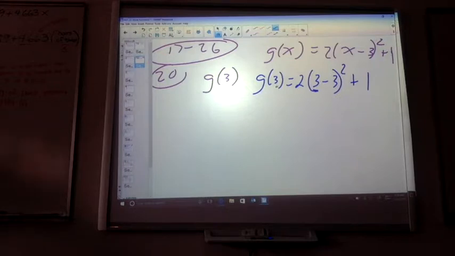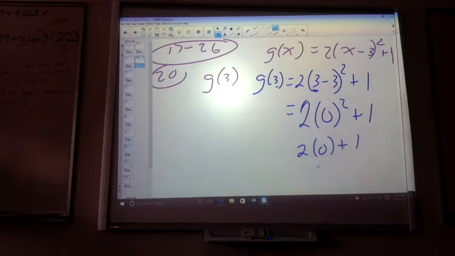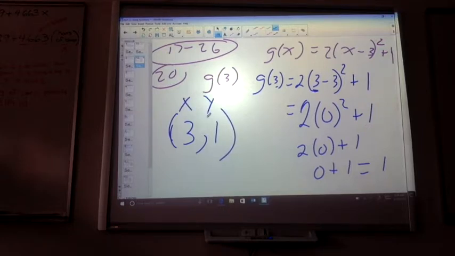All right, so order of operations, 3 minus 3 is 0. 0 squared is still 0. 2 times 0 is 0. So at g at 3, I get the point 1. So this would actually yield me this point, 3, comma 1, because that's an x and a y value, which this y value can also be the f at x or g at x or h at x or whatever we want to call it.